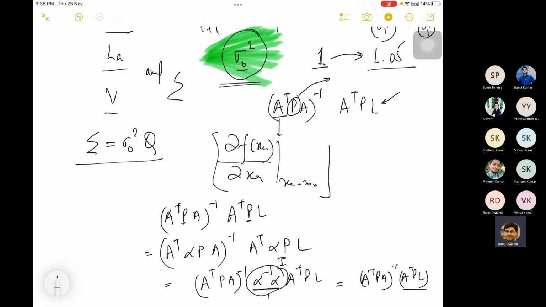So the change in weight does not change your X. That is easily proven.